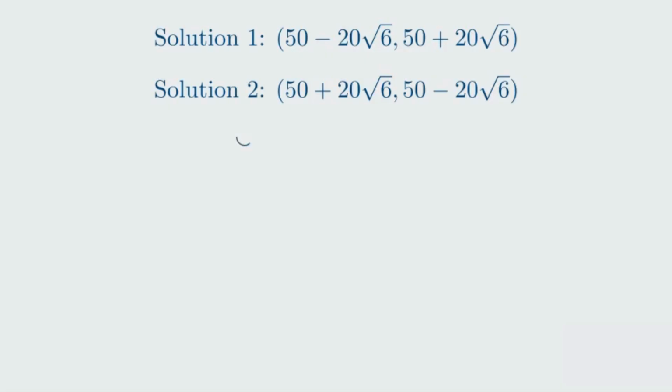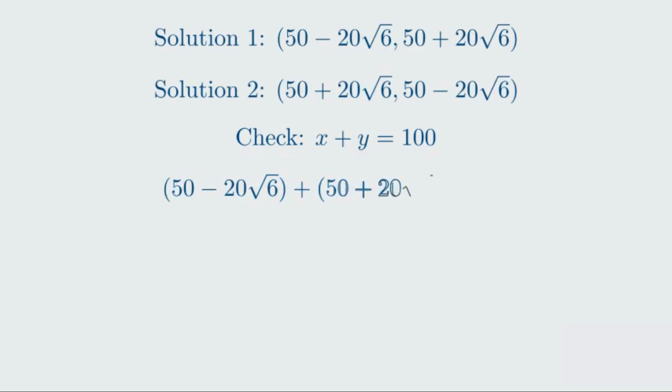Substituting our values, we get 50 minus 20 square root of 6 plus 50 plus 20 square root of 6 equals 100. The positive and negative square root terms cancel each other out, leaving us with 50 plus 50, which equals 100. It checks out. You would find the same for the second equation and the second solution.